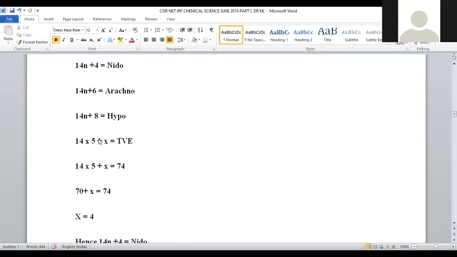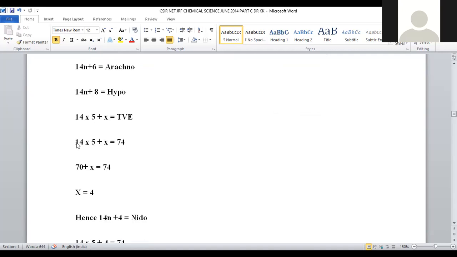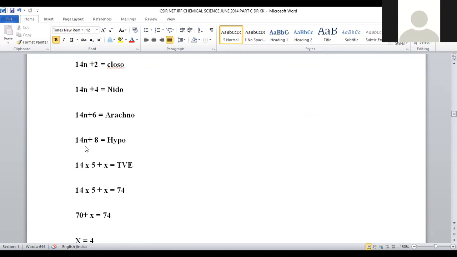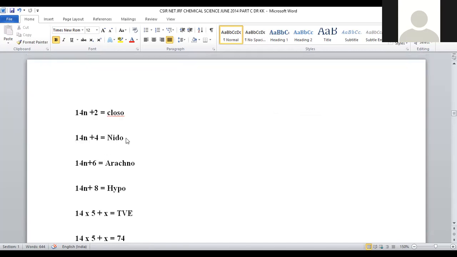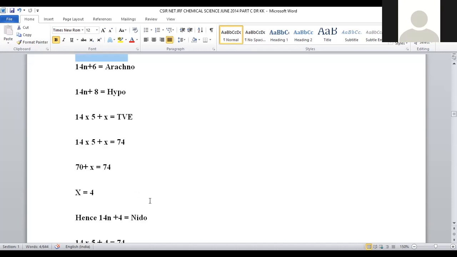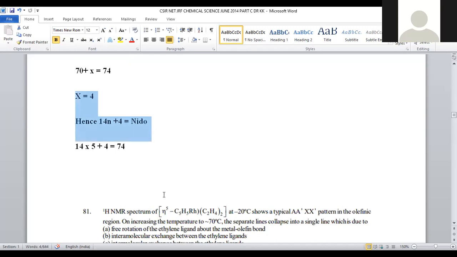So 14 into 5, that is 70, plus x is equal to 74. The difference is 4, so x is equal to 4, which means the 14n plus 4 formula can be applied. 14n plus 4 denotes that the cluster structure is nido.